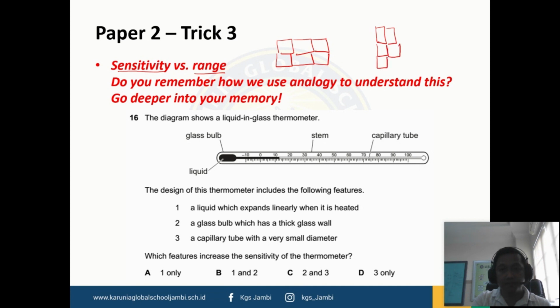There are two kinds of block arrangements. This shows you wide tubes, and this is the narrow tubes.